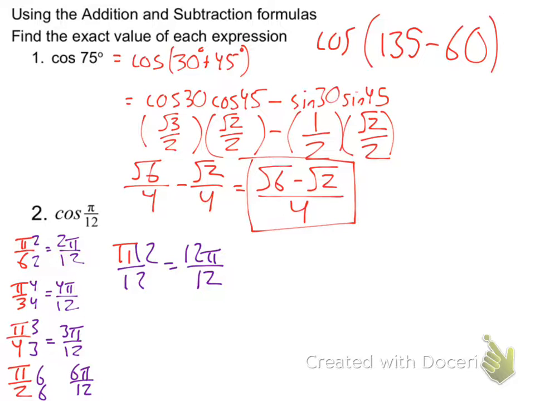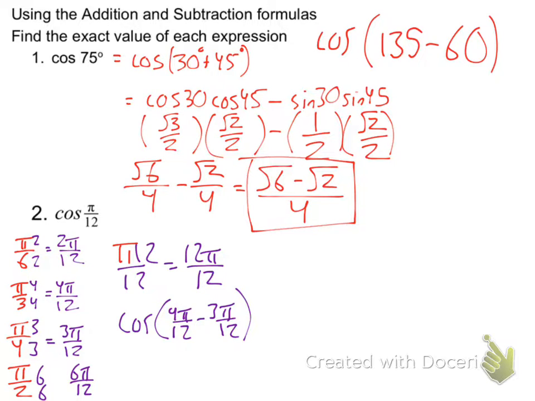So if I get the common denominator, I know my answer will have a 12 on the bottom automatically. So the question is, using some combination of those, can I take 2 of them and add them to get pi or subtract to get pi? Which ones and which way? 4 pi over 12 and 3 pi over 12. So couldn't I say that this is cosine of 4 pi over 12 minus 3 pi over 12?